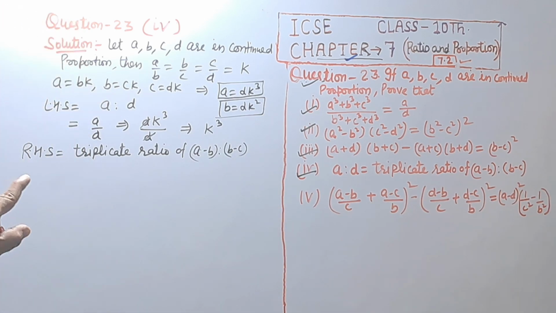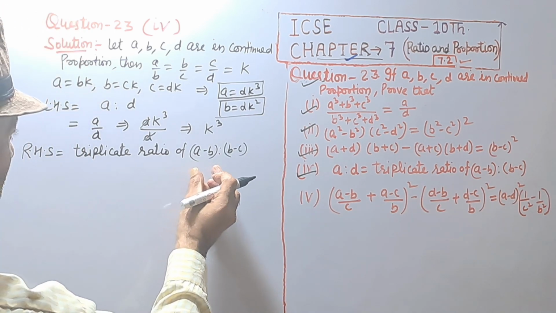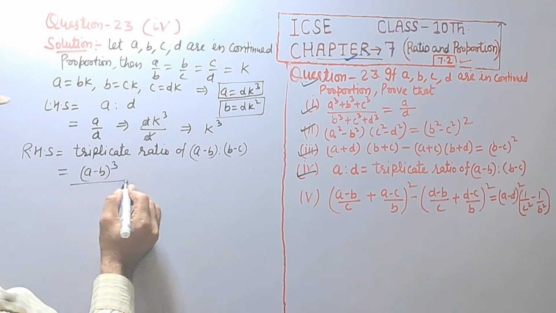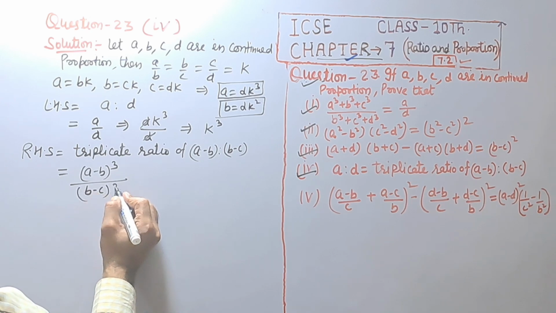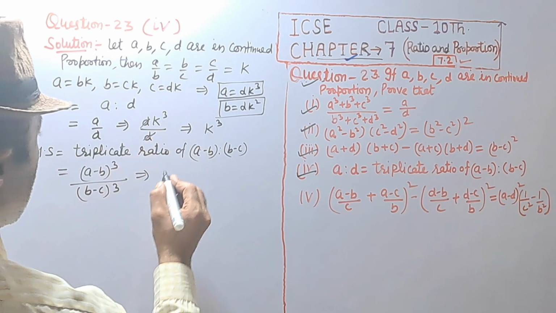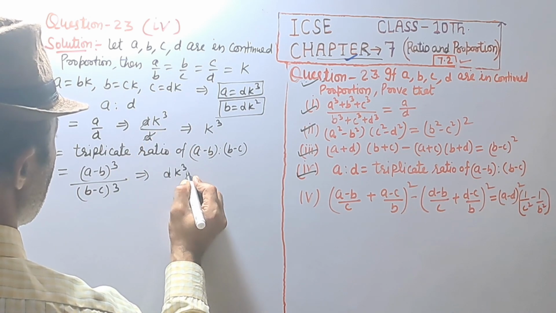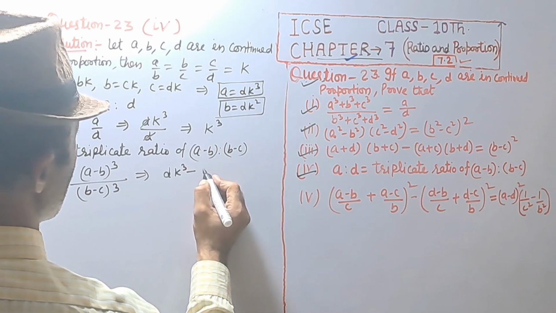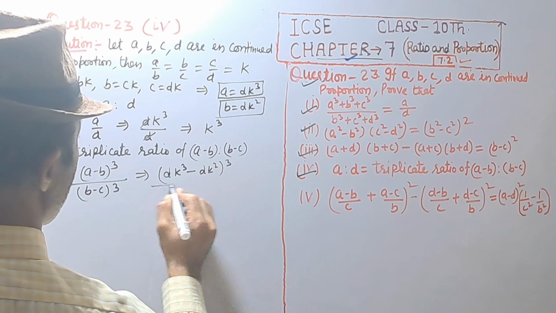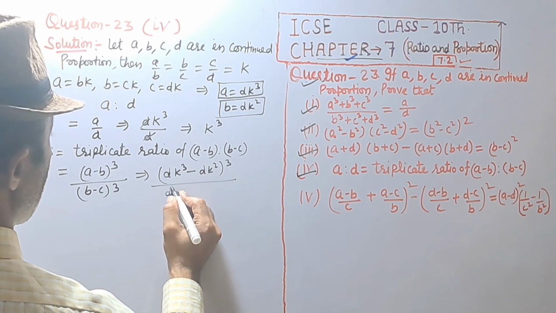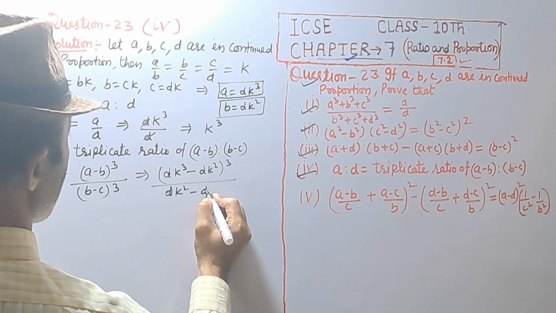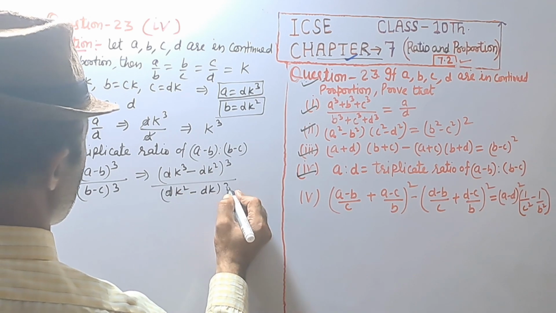We know that triplicate ratio of a minus b ratio b minus c is equal to a minus b raised to power 3 upon b minus c raised to power 3. a is equal to dk raised to power 3, minus b is equal to dk raised to power 2, all raised to power 3, divided by b is equal to dk square, minus c is equal to dk, all raised to power 3.